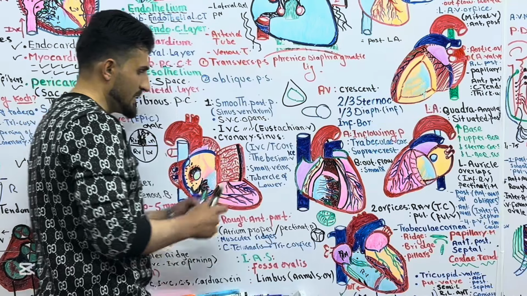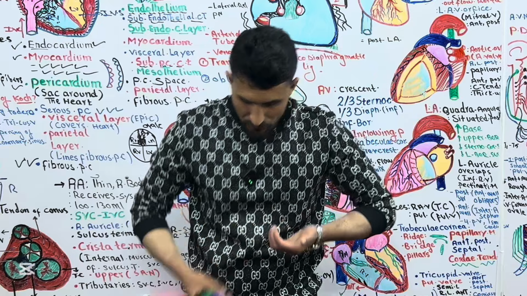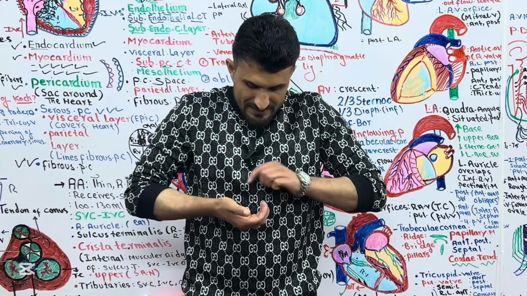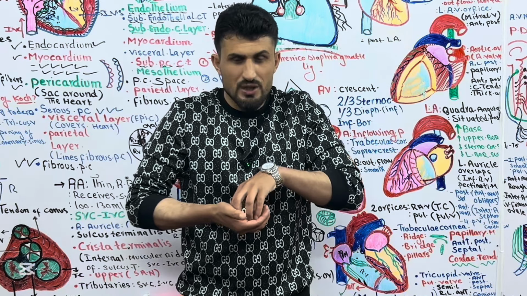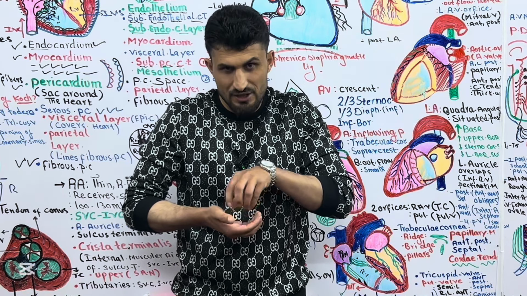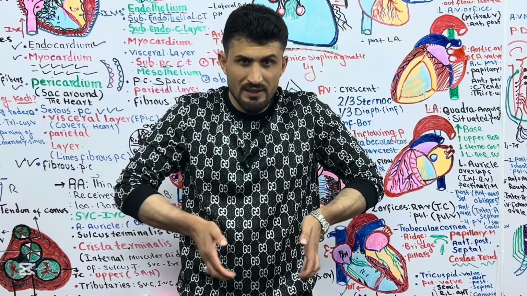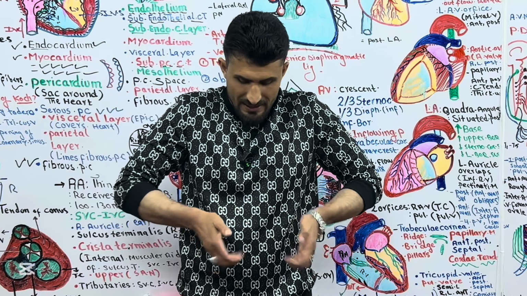Okay, now this is a very important point. Here in these cusps, listen to me carefully. This cusp has small dip areas, which are called sinuses, small depressions called sinuses. For example, these cusps close like this; they are not closed like this, they close like this.